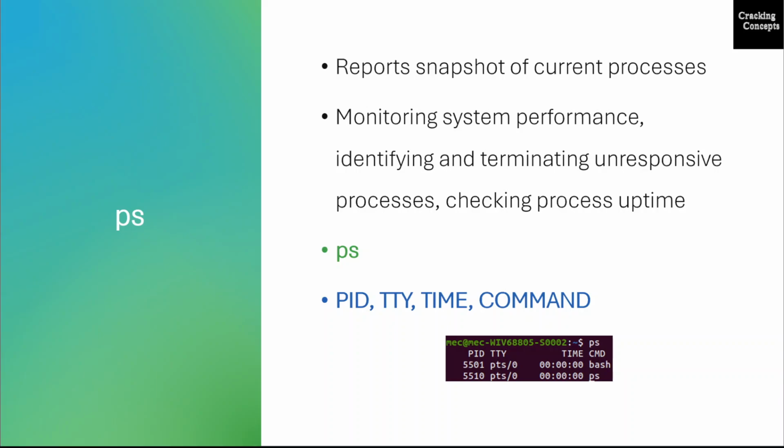Now pts/0 is referring to a pseudo terminal slave, which is a terminal emulator used in graphical sessions. It indicates that the process is running in a terminal that is not directly connected to a physical device, typically used for remote sessions or terminal emulators. Then we have the cumulative CPU time, followed by the command that started the process.